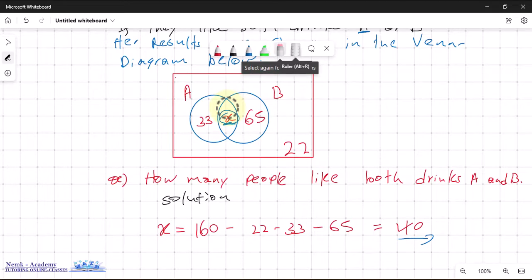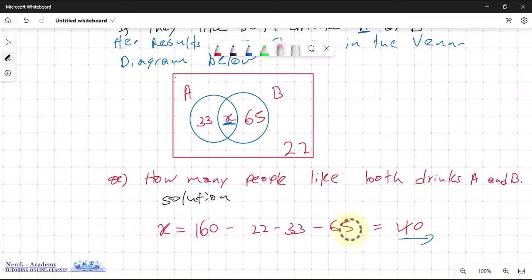Was it difficult? From the Venn diagram, we see that we have 33 people who like soft drink A only. Then we have 65 people who like soft drink B only. Then we have 22 people who don't like soft drink A or soft drink B. Then we have X people who like soft drink A and also soft drink B at the same time. So that's 40 people.